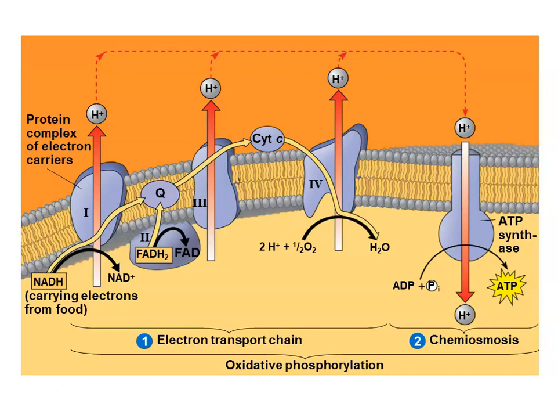The hydrogens come back in, they diffuse along that channel, the ATP synthase, and because that is the enzyme that catalyzes ADP and phosphate to make ATP, the energy that is generated by the hydrogen ions coming back in is able to be used to make your ATP molecules. So this whole process is oxidative phosphorylation. The first part, where water is made, is the electron transport chain. The second part, where ATP is made using the hydrogen gradient, is your chemiosmosis.